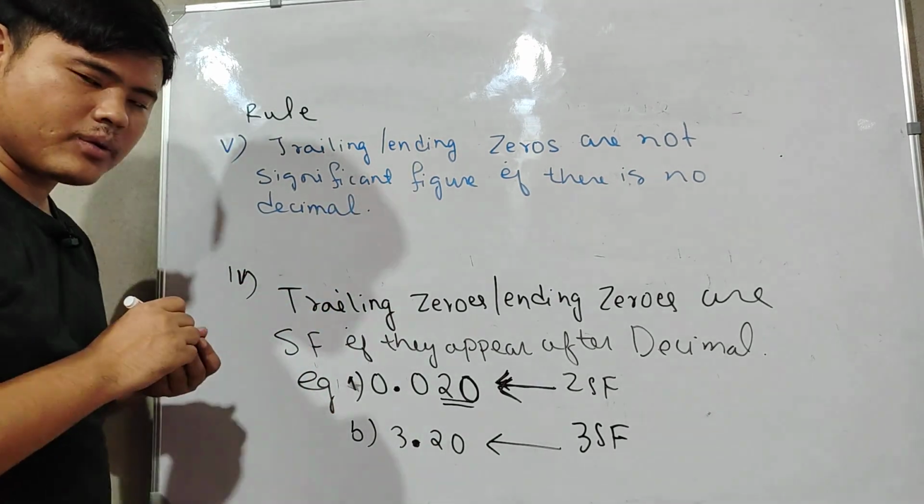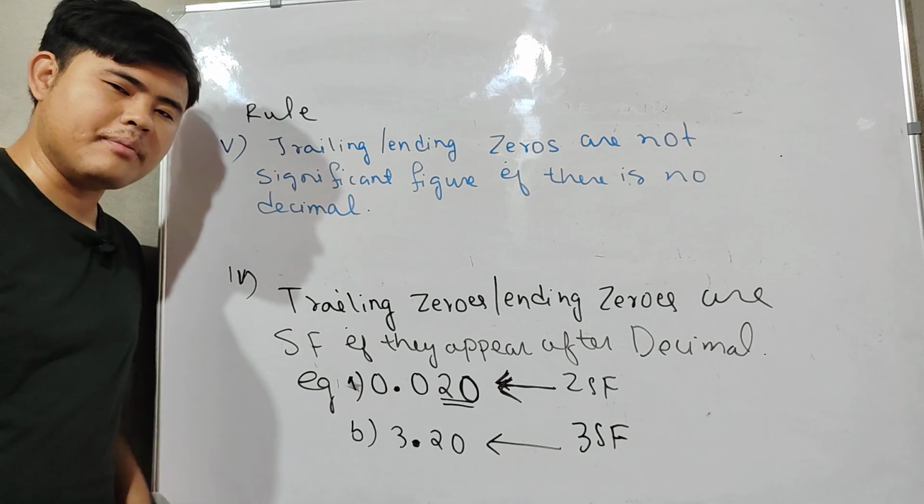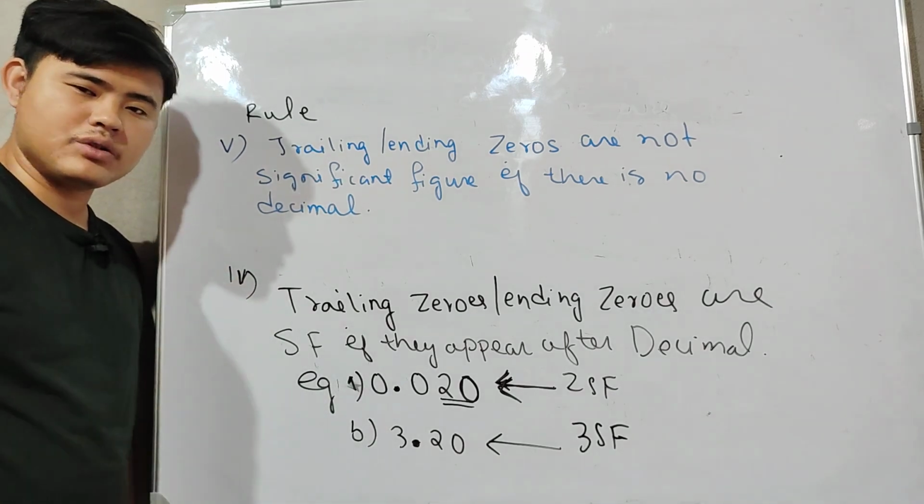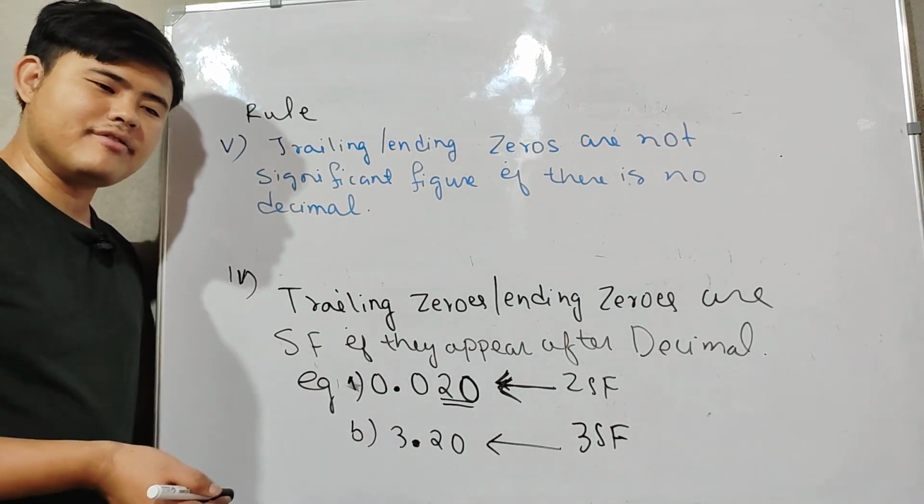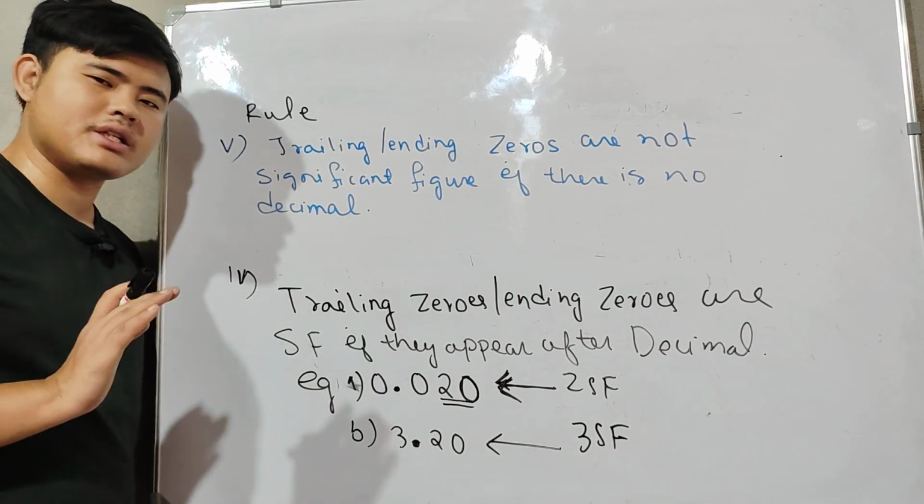So if there is any number with trailing zeros and no decimal, those zeros will not be considered significant figures.